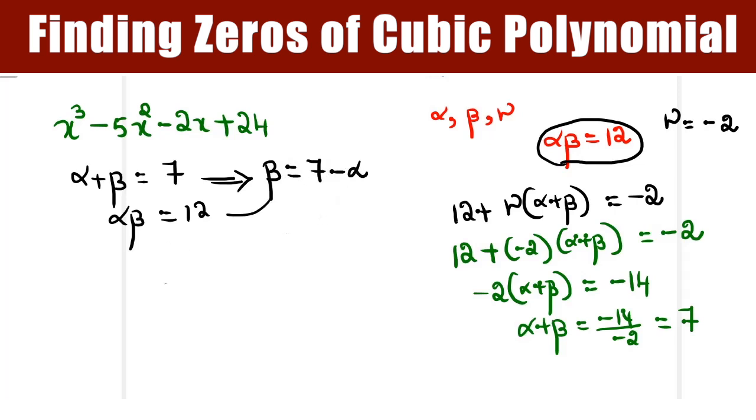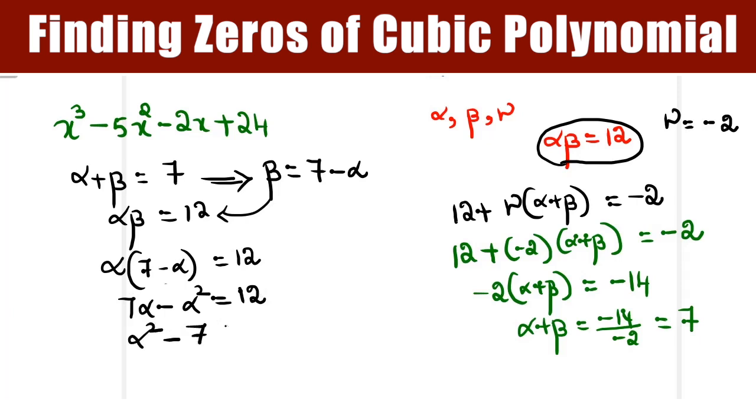I'm going to substitute that here. So, alpha into 7 minus alpha is equal to 12. So, 7 alpha minus alpha squared is equal to 12. I'm going to take everything to one side. So, alpha squared minus 7 alpha plus 12 is equal to 0.